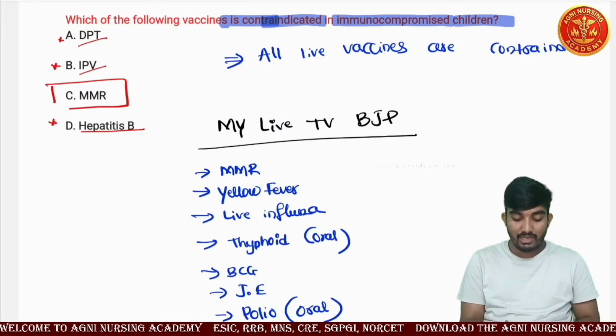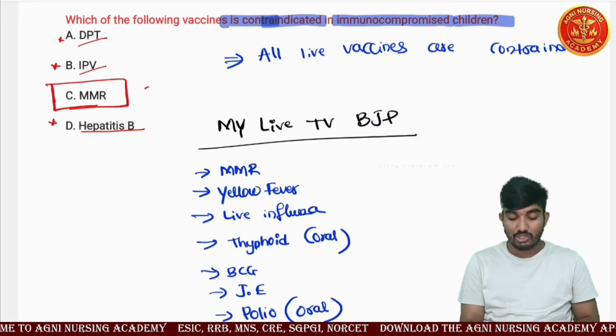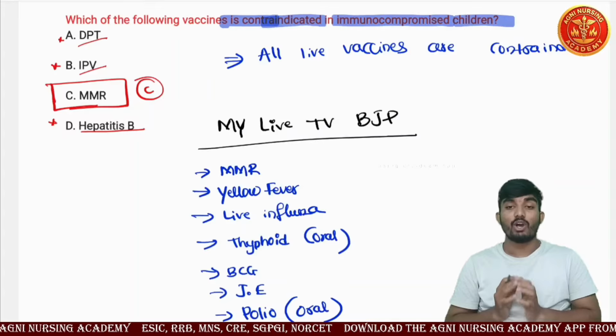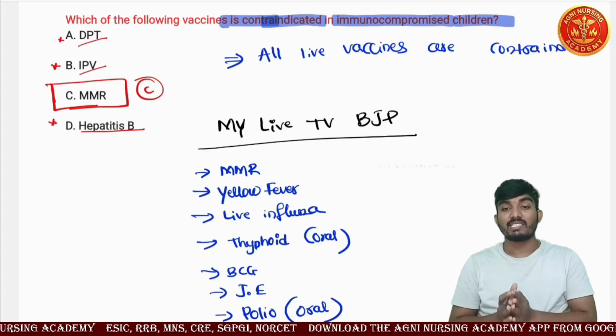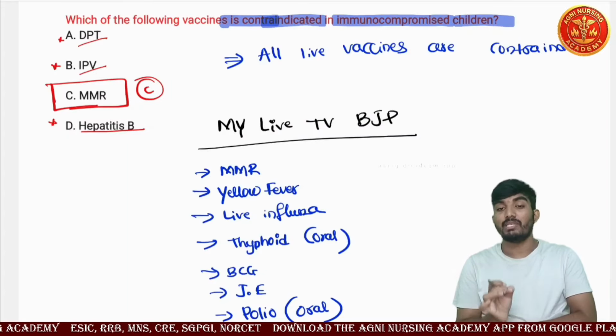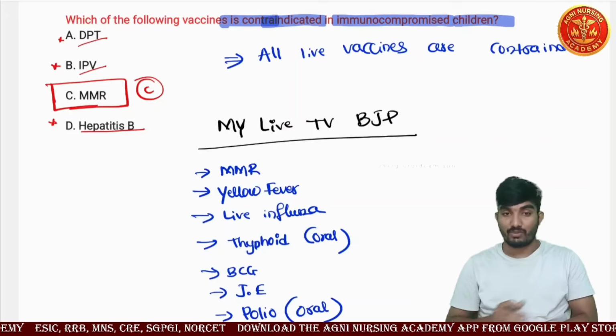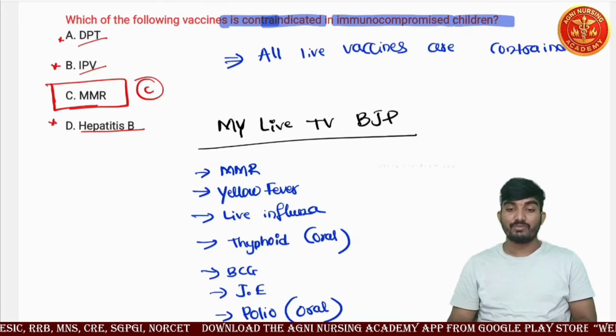MMR is a live vaccine and is totally contraindicated. That's why option C is the correct answer: measles, mumps, rubella, MMR. Okay, we'll see the next question.